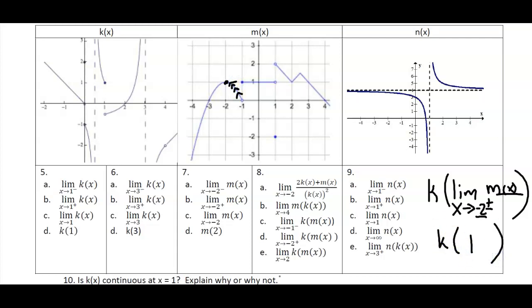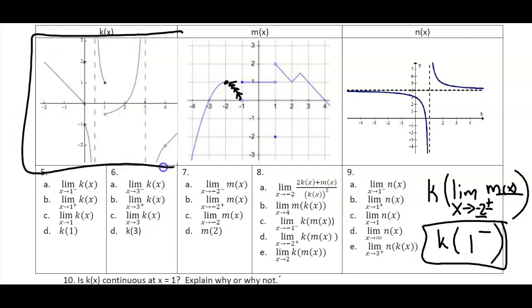But since we're doing one-sided limits, I have to think about where I'm coming from. Since I'm coming at it from the right, I'm also coming at it from underneath of that dot, which means that I'm approaching a y value of 1 from y values that are actually less than 1. So now when I try to evaluate this by going over to the k graph, I have to think in terms of x.